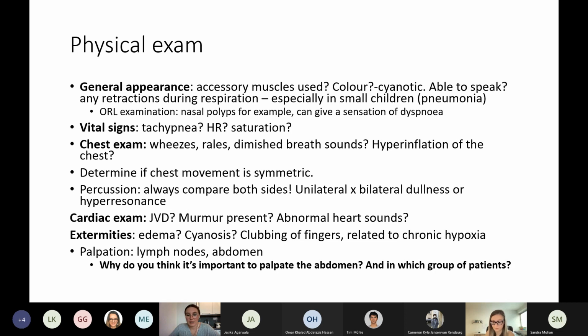I cannot count the amount of times that I have done a physical exam on someone with some cardiac or potentially lung issue, and then forgotten to look at whether they have cyanosis or jugular venous distension. So these are the things that are easily neglected, but equally as important as a common auscultation. So just keep that in mind.